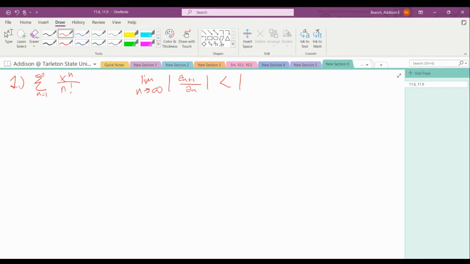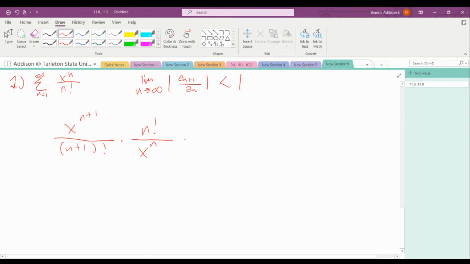All right, so let's work with this. We have a sub n plus 1, so we get x to the n plus 1 over n plus 1 factorial. And we divide by a sub n, or we can just multiply times n factorial over x to the n.